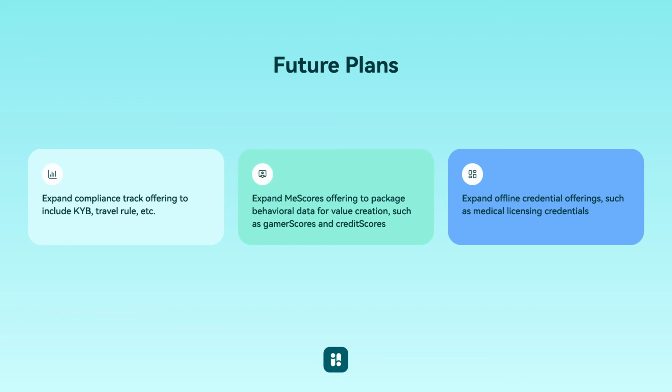And of course, expand offline credentials offerings such as medical licensing credentials. This is a bit further down the line, but it is going to be something very exciting. So for example, you'll be able to confirm that a doctor is who he says he is, for example, when using their services internationally, right?